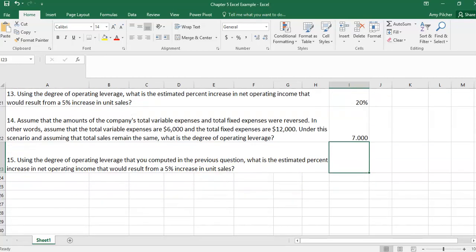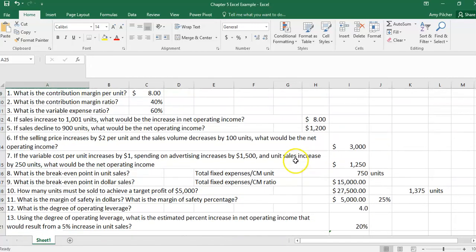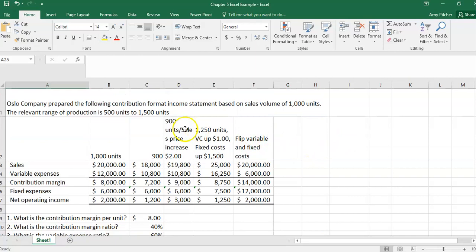Now we can estimate: if we take 7 times 5% for our increase in sales, we can say that a 5% increase in sales would create a 35% increase in operating income. That is all the calculations that we learn in Chapter 5 created on one example.